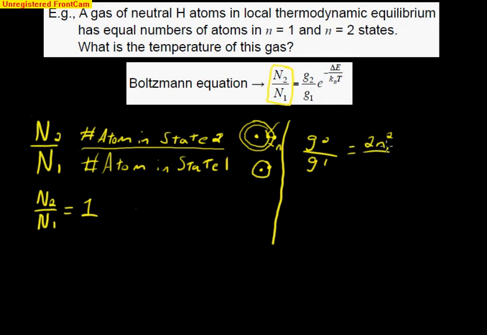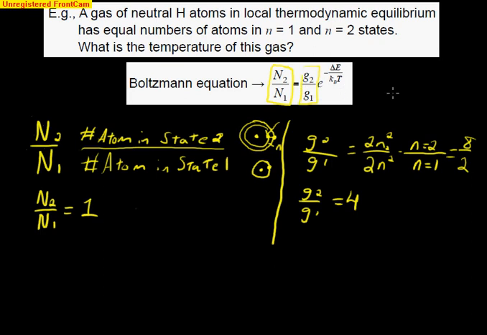This will be our second state, n equals 2, and this is n equals 1. So 2n squared works out to be 2 times 4, which gives us 8. And this is 1 squared times 2, which gives us 2. So this gives us 4. Okay? That's this part right here.